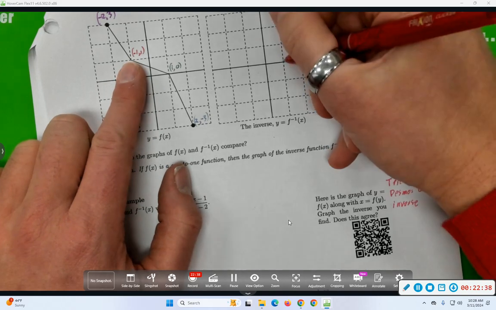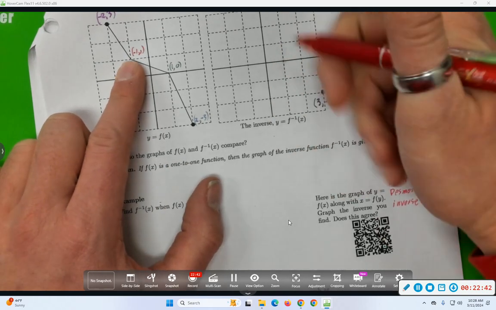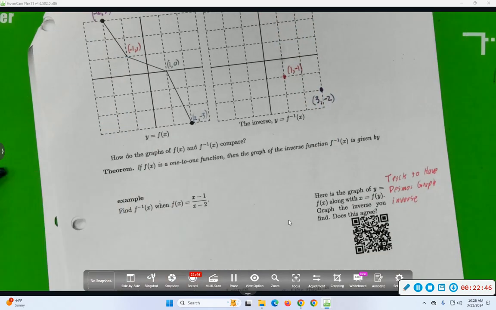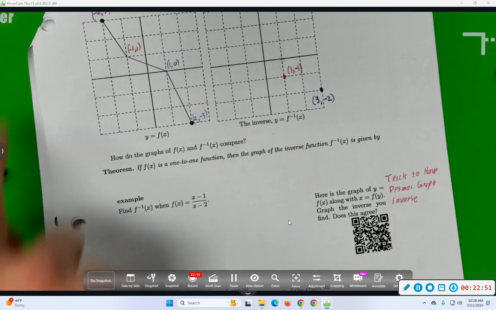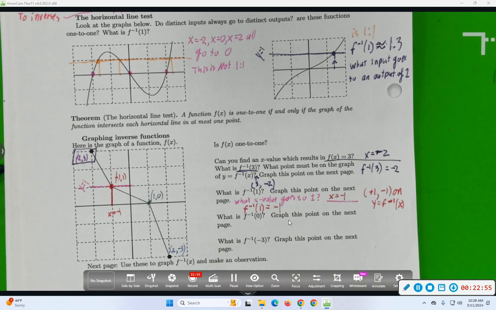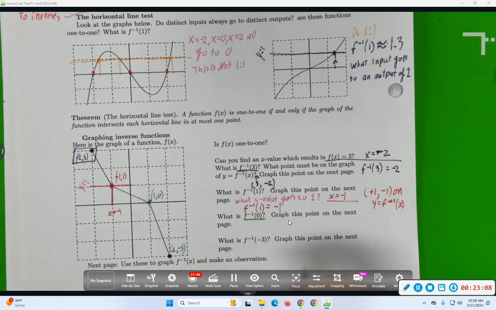Negative 1, 1 becomes the point 1, negative 1. So far, so good? All right. So now, I'll flip back over here. Follow those same ideas. Determine f inverse of 0 and f inverse of negative 3.